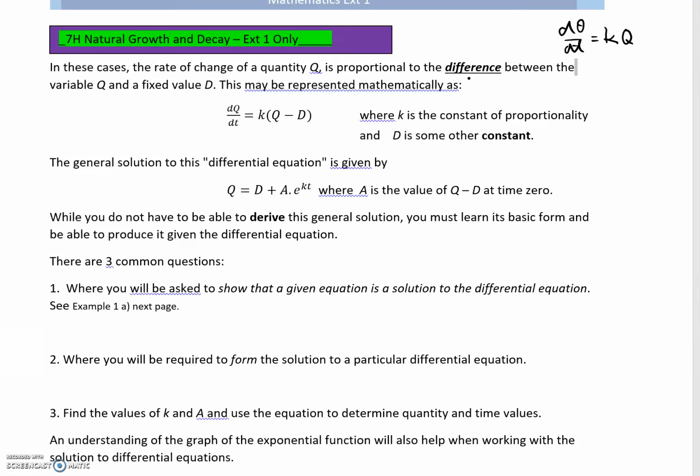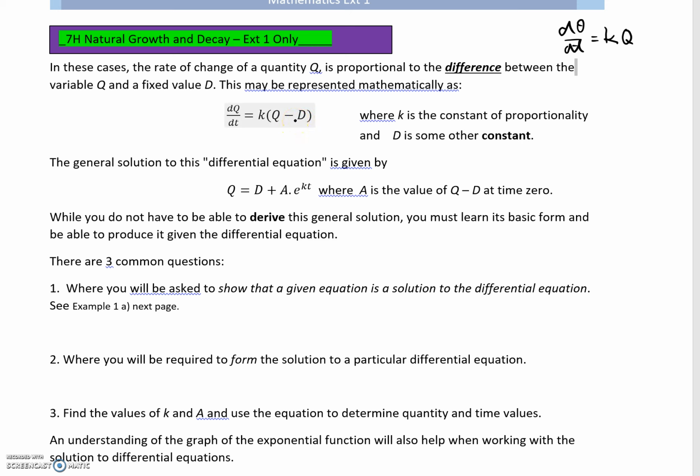So mathematically the equation becomes dQ/dt is proportional to a quantity or temperature minus some other fixed temperature.